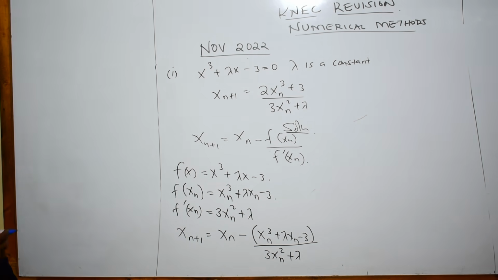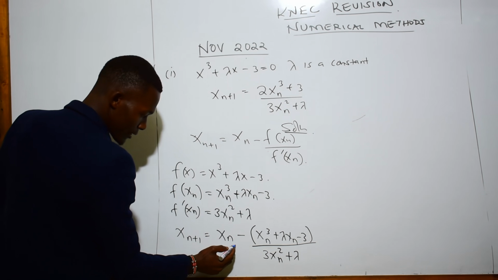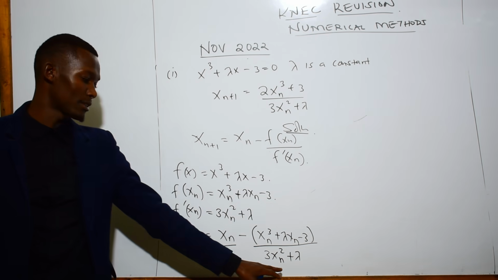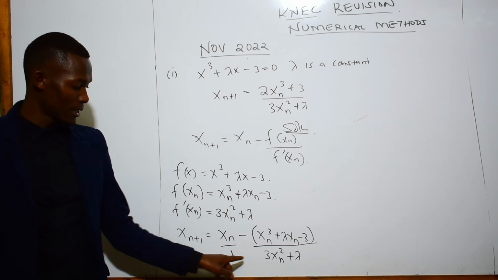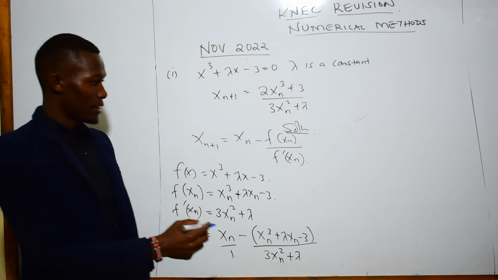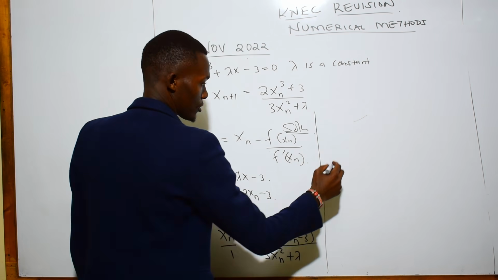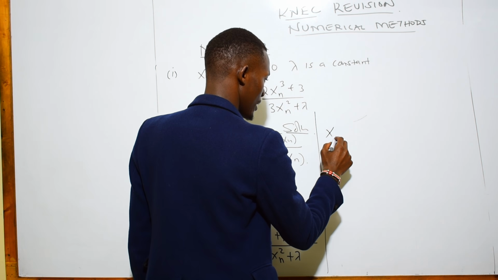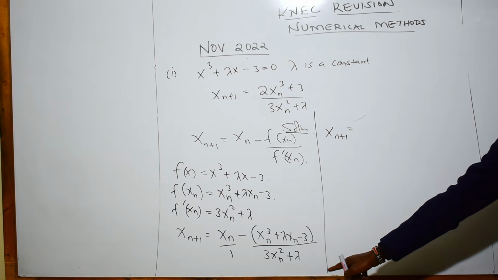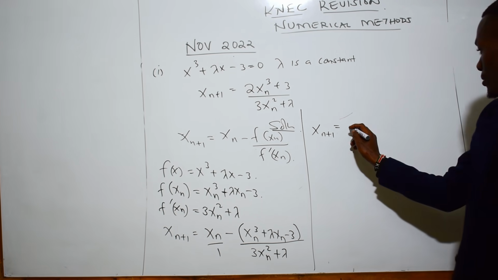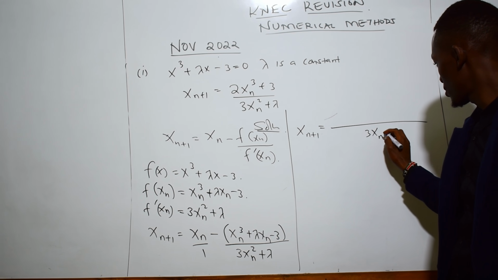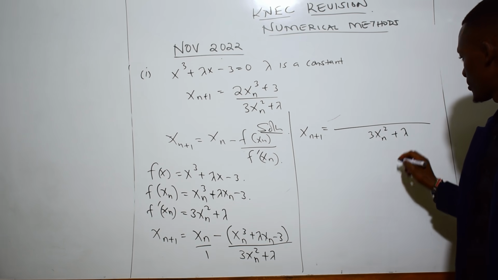Then the first derivative, this first derivative is this function here, so 3xn squared plus lambda. Now putting this one over 1, you can find an LCM, so the LCM of this and this is just this function. So we can just say xn plus 1 is given by, so our LCM is this term here, 3xn squared plus lambda.